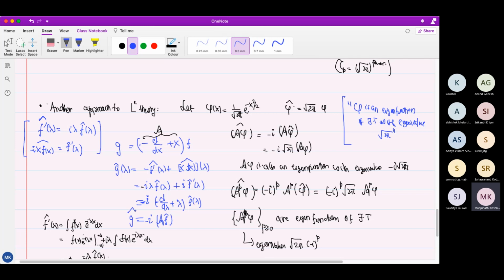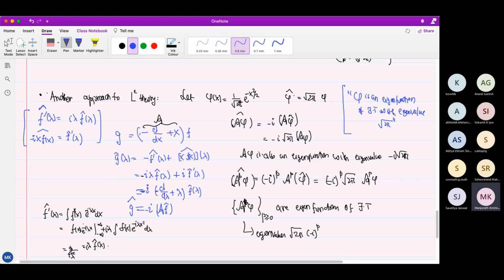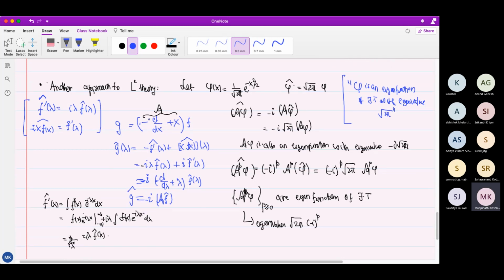So that's a nice relation to know. If you combine the derivative and the multiplication like this, then you get something that is preserved more or less, except for multiplication by a constant.